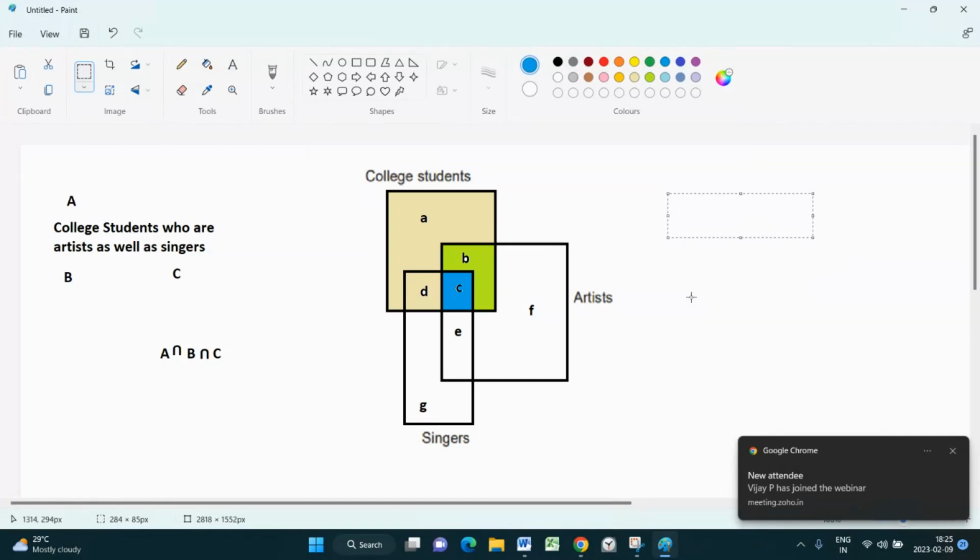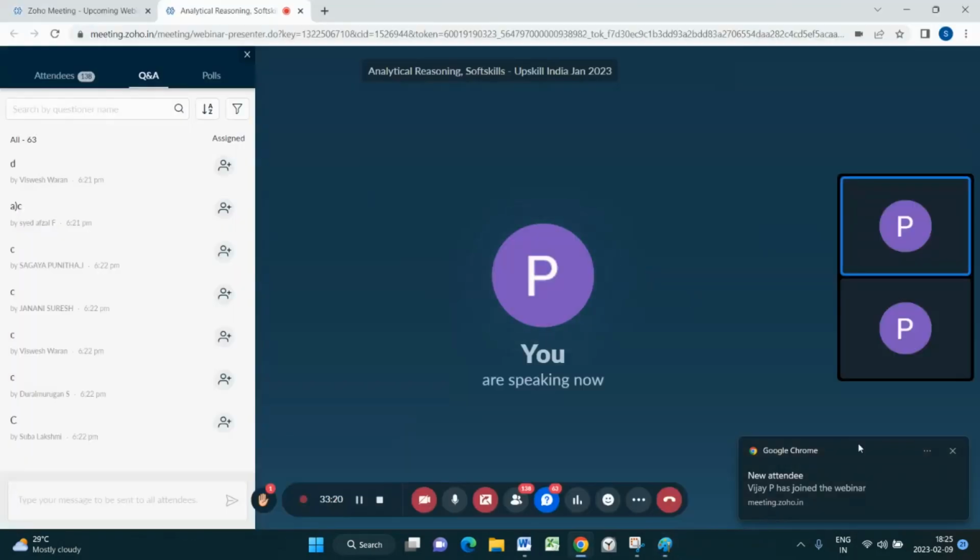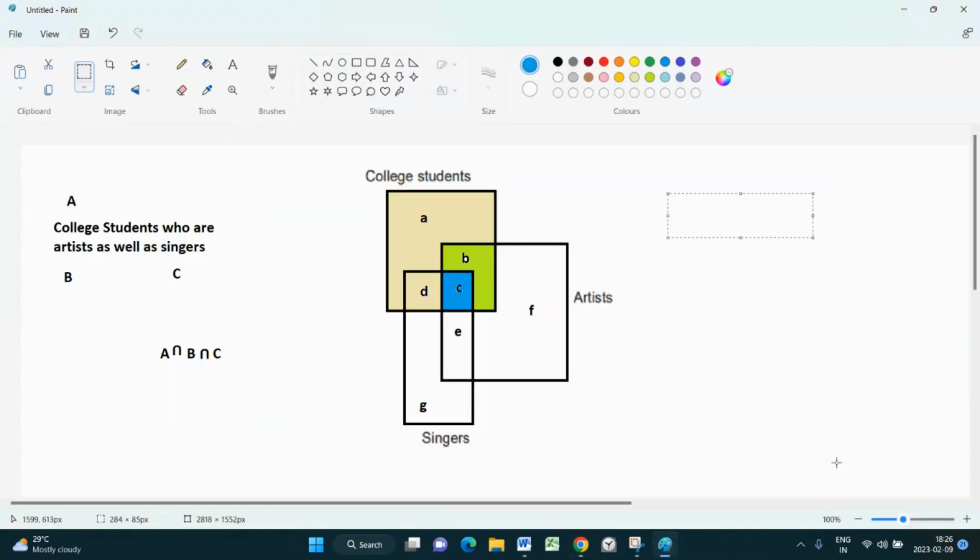Yesterday we did a description of this Venn diagram, right? A simple Venn diagram. You remember that?